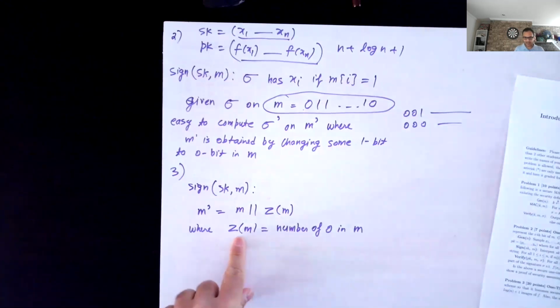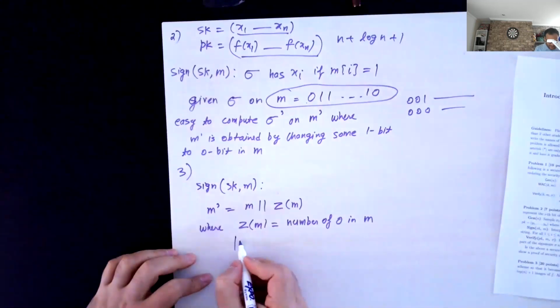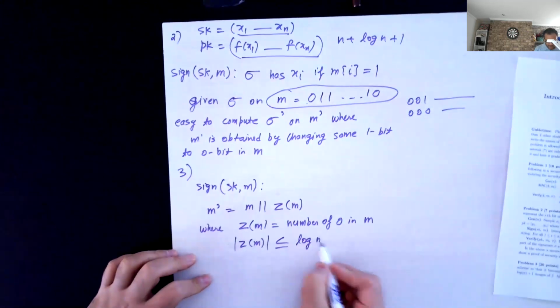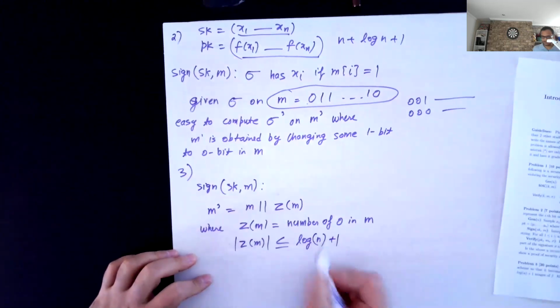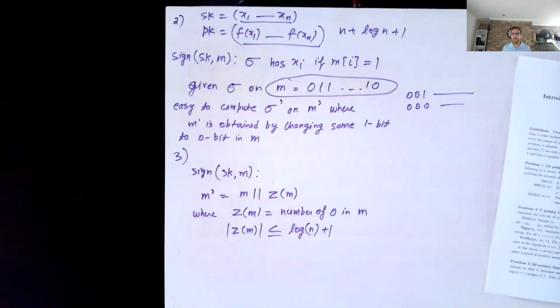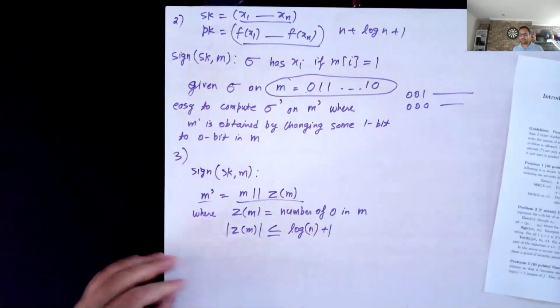So what would be the size of z of m? My claim is that size of z of m is actually less than or equal to log n plus 1. Right? So if I have a 100-bit message, for example, then I need to represent a number which can be from 0 to 100, and that's just log 100, or log 100 plus 1. Okay, so now I have a message m prime whose size is n plus log n plus 1.